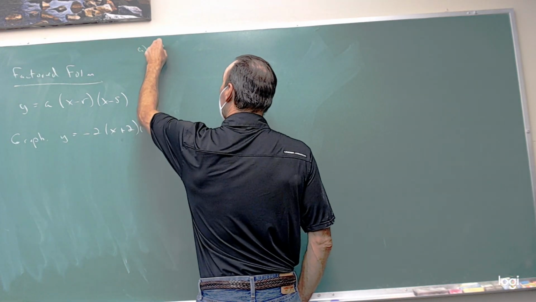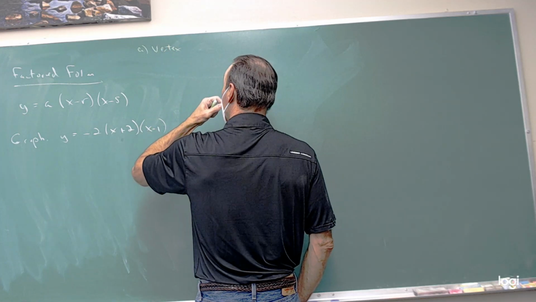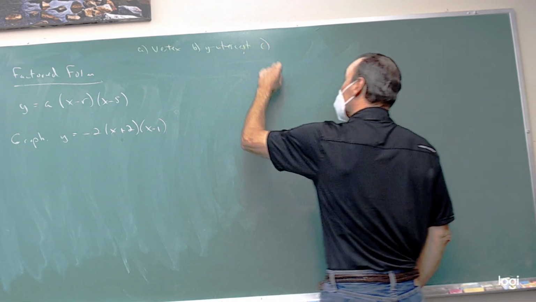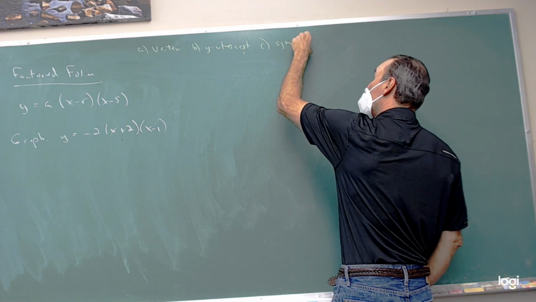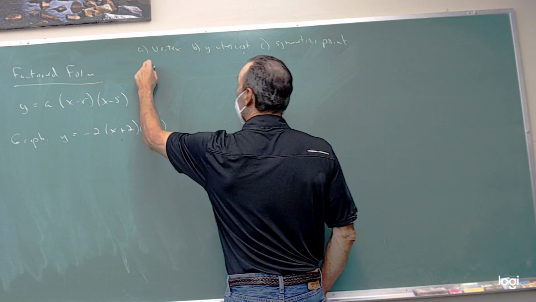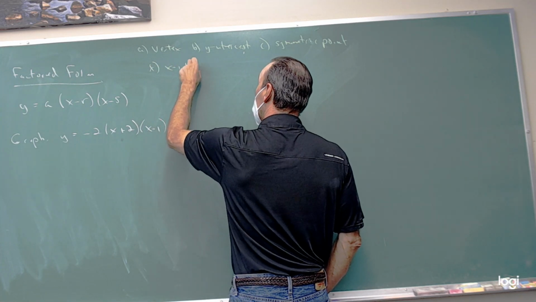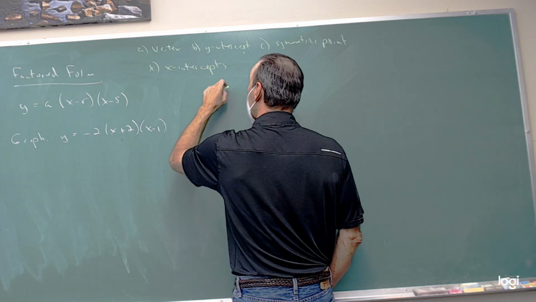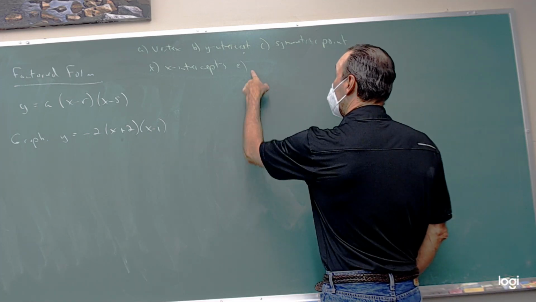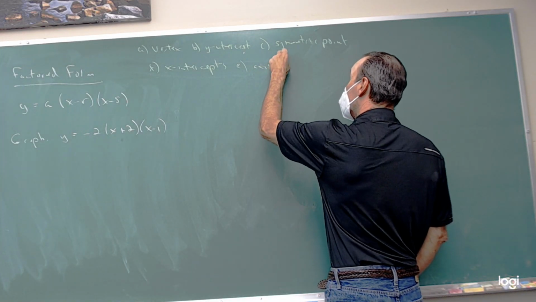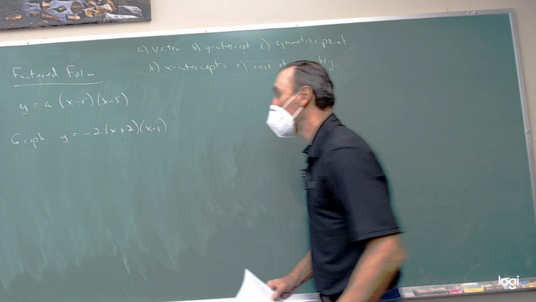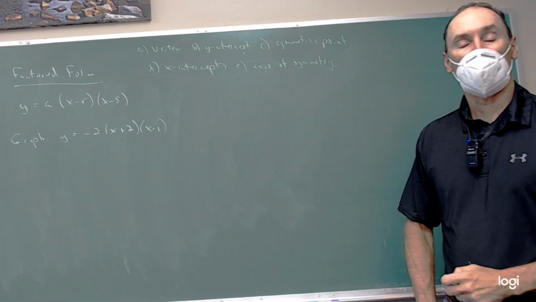We're going to find the vertex, the y-intercept, this weird point that we are calling the symmetric point, and the x-intercepts, which lots of times is difficult, but in this case is going to be exceptionally easy because it's gifted to us. And then we are going to put in the axis of symmetry. Those are the things that we do when we try to graph a parabola, most of the time.